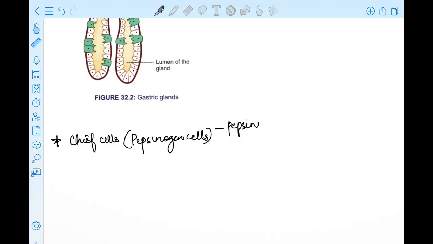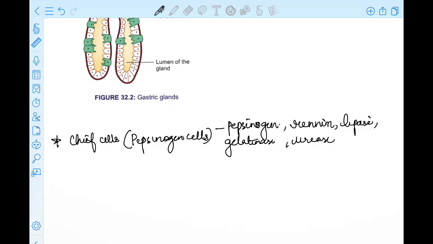And then other important secretory products of the chief cells are renin, then lipase, gelatinase, as well as urease. These are the main important secretory products produced by the chief cells.